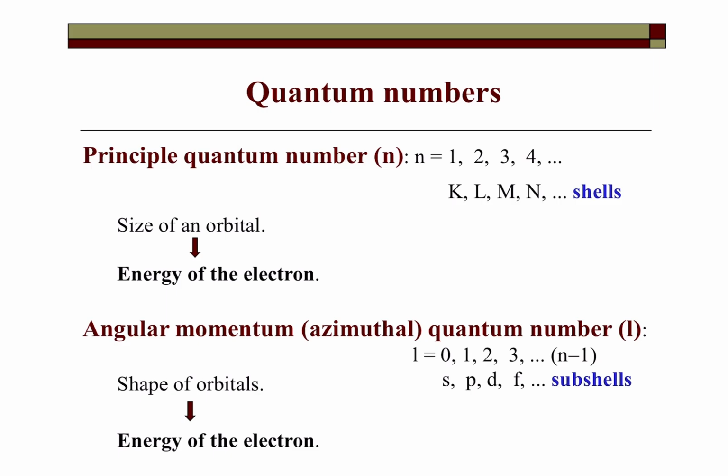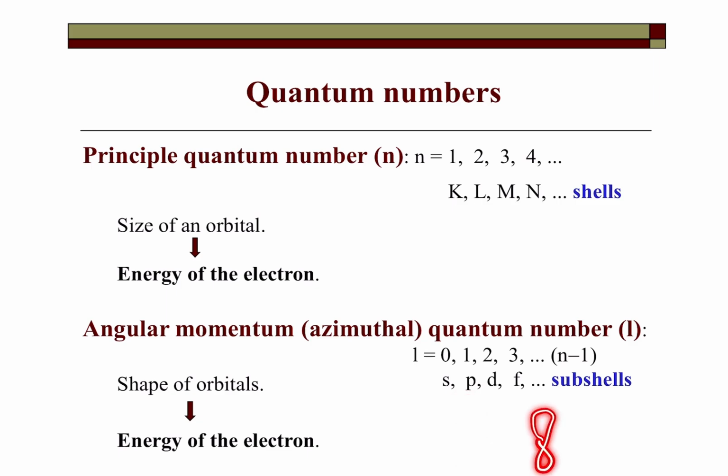We know about this, and now we understand in these two quantum numbers the size of the orbital, shape of the orbital, and energy. For example, p is a pair of lobes on opposite sides of the nucleus. We can also say it has a dumbbell shape.